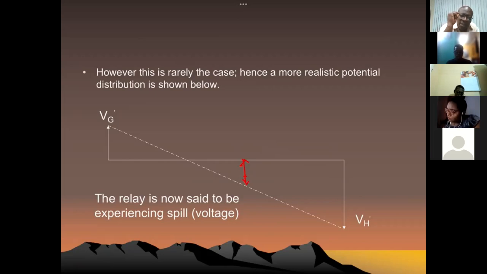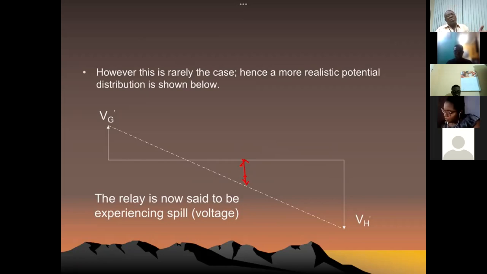But still, spill current occurs just by virtue of the equipment we are using. However, what is of greater concern is what happens when you're dealing with transients, because we're talking about a system that has significant inductance.